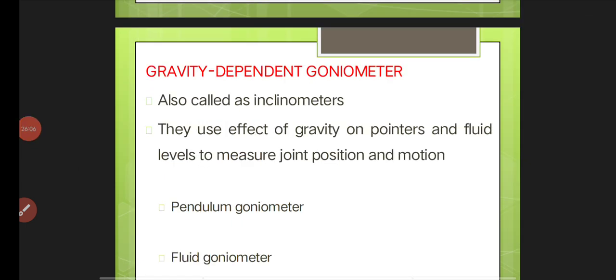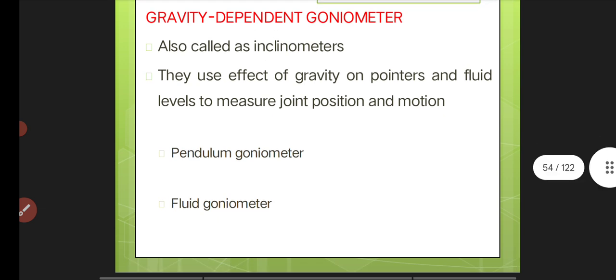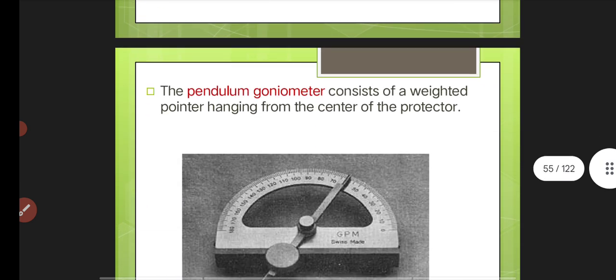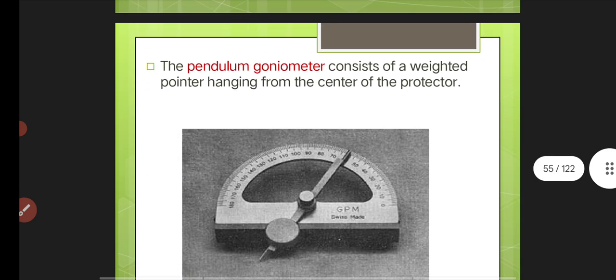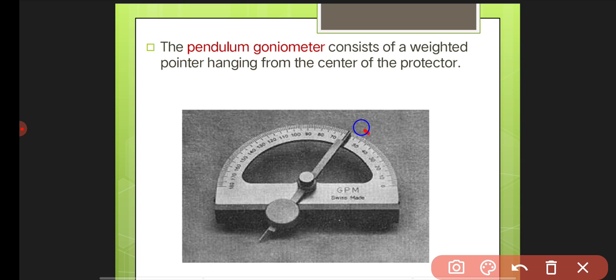Next one is the gravity dependent goniometer, which is also known as the inclinometer. They use the effect of gravity on pointers and fluid level to measure joint position and motion. Next are the pendular goniometer and the fluid goniometer. The pendular goniometer consists of a weighted pointer hanging from the center of the protractor.